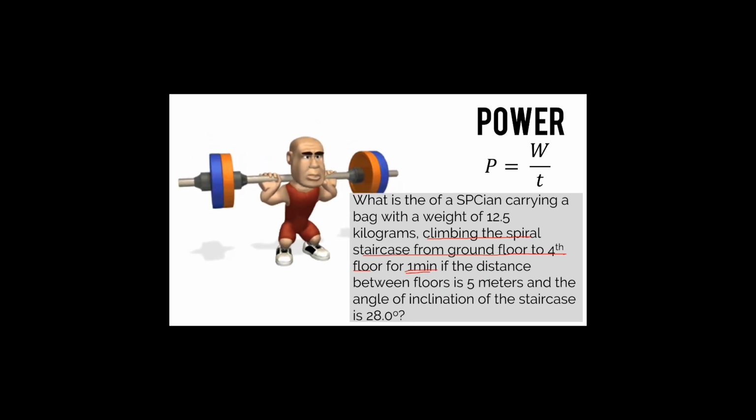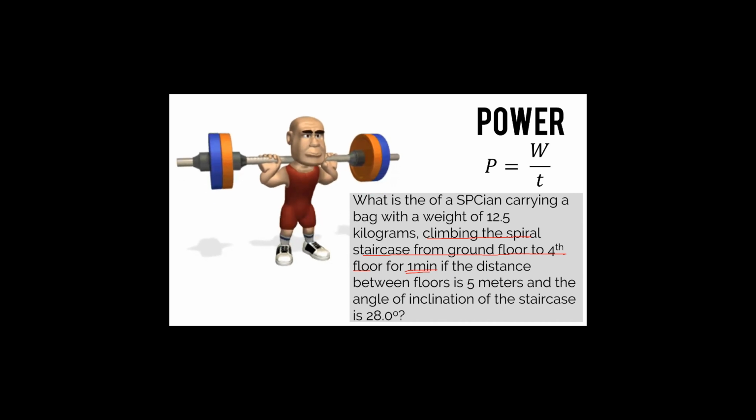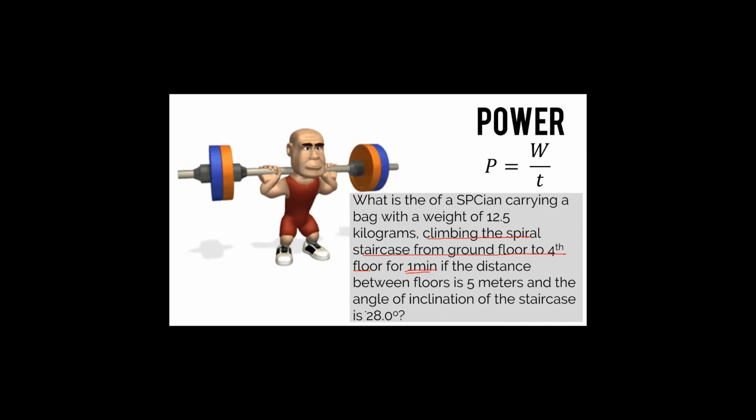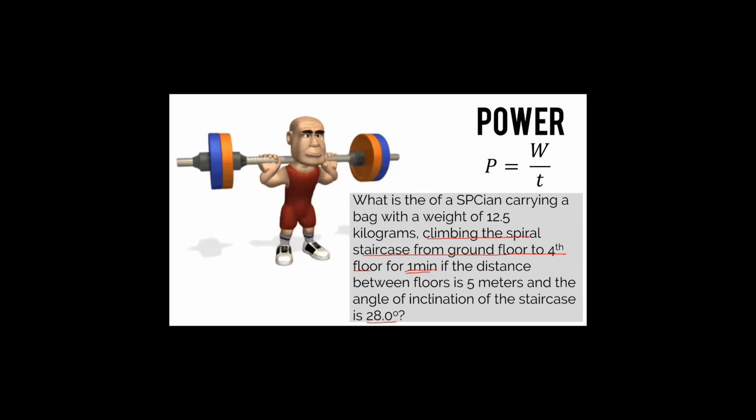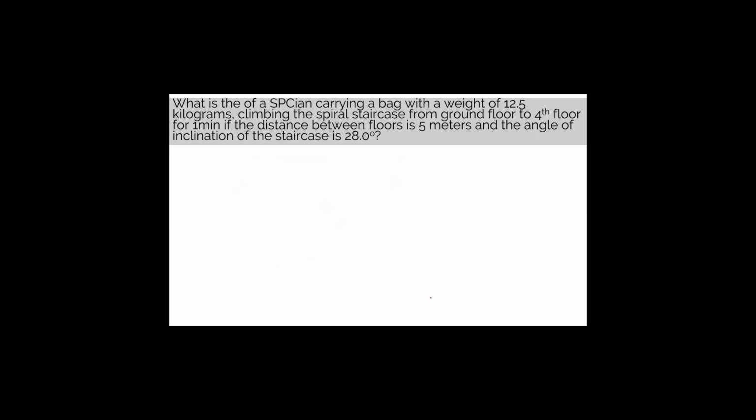The distance between floors is 5 meters, and the angle of inclination of the staircase is 28.0 degrees. Using the same force, which is 12.5 Newton, the converted time is 60 seconds, since 60 seconds is equal to 1 minute.